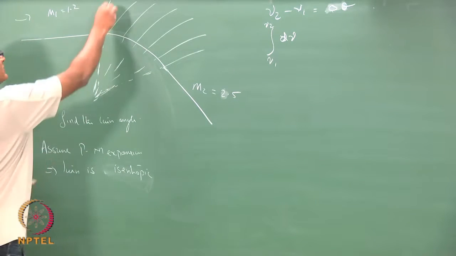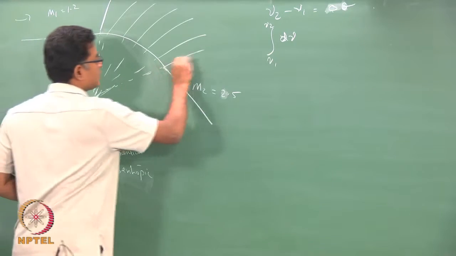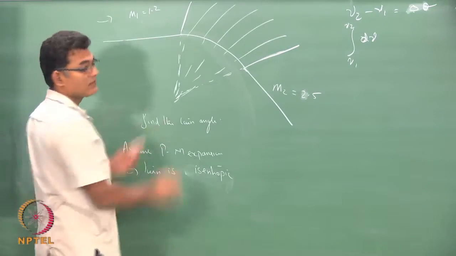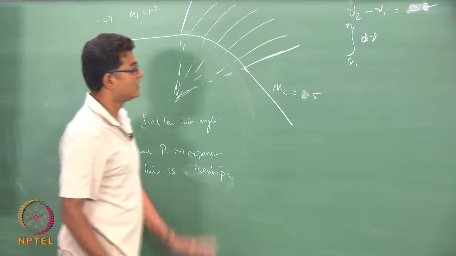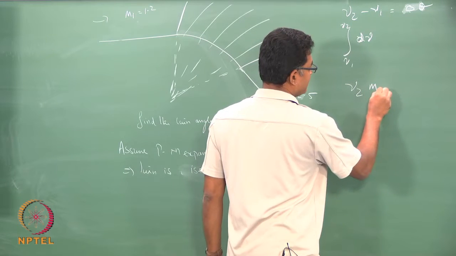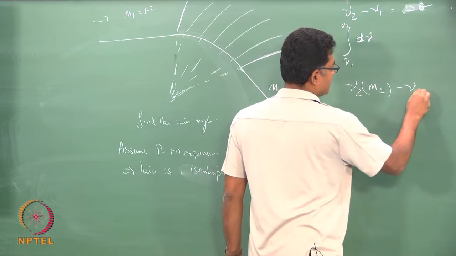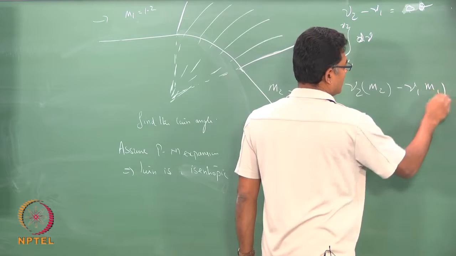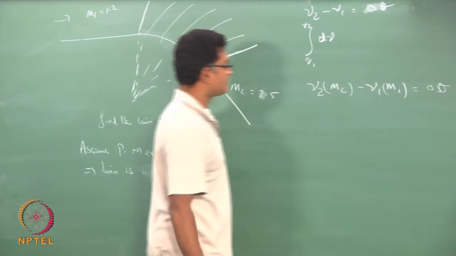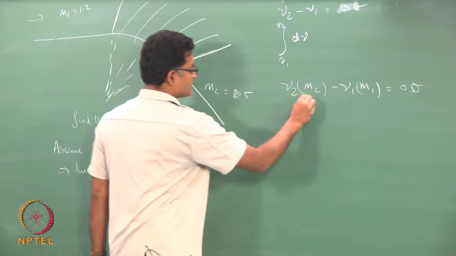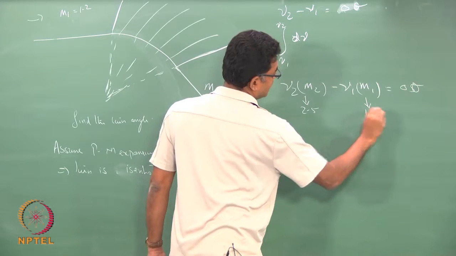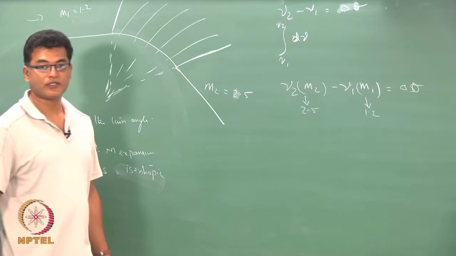All I bother about is the first one and the last one, which depend on the Mach number of the first one and the last one. So, all I need to find is nu 2 and nu 1 to get delta theta. This is associated with 2.5, this is associated with 1.2, for gamma equals 1.4.